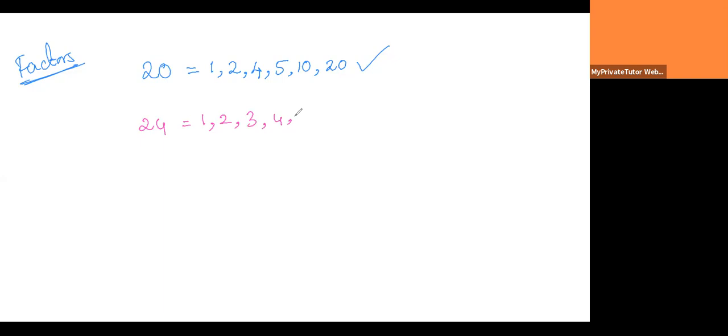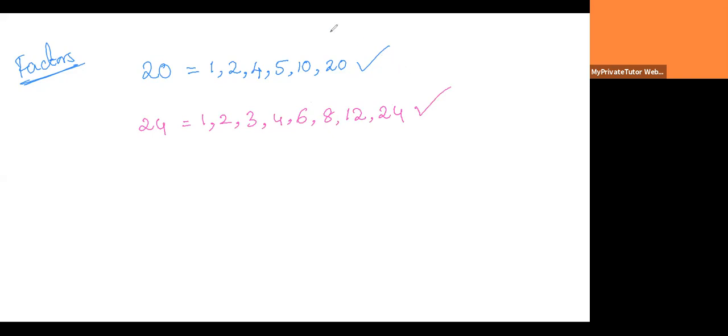So 24 is divisible by 4, not by 5, it is divisible by 6, not by 7, it is divisible by 8, you can see that, and not by 9, not by 10, not by 11, but it is divisible by 12. So 12 is half of 24, and the next one is 24. So this is one way of finding the factors of a number.